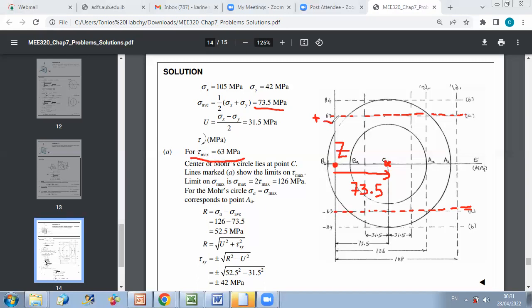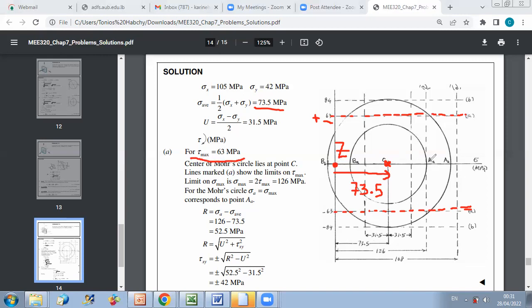So I can say that in this case, I should have the maximum shear out of plane, because if I consider my three points, the maximum shear stress will correspond to the biggest circle, and my biggest circle should pass by point Z, because I am in the case of out of plane shear stress.